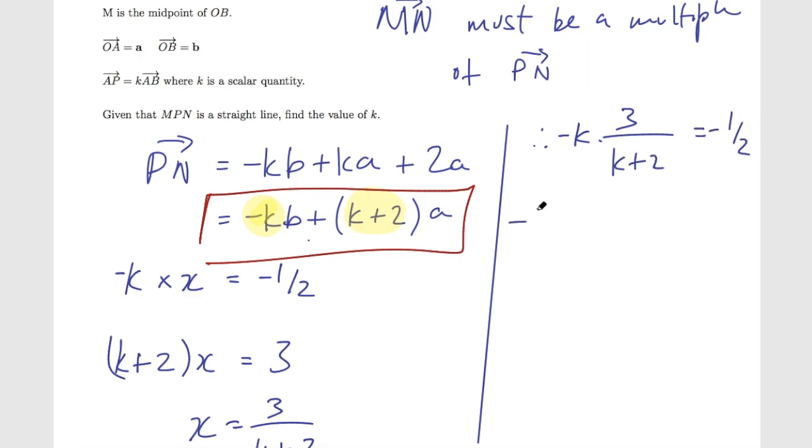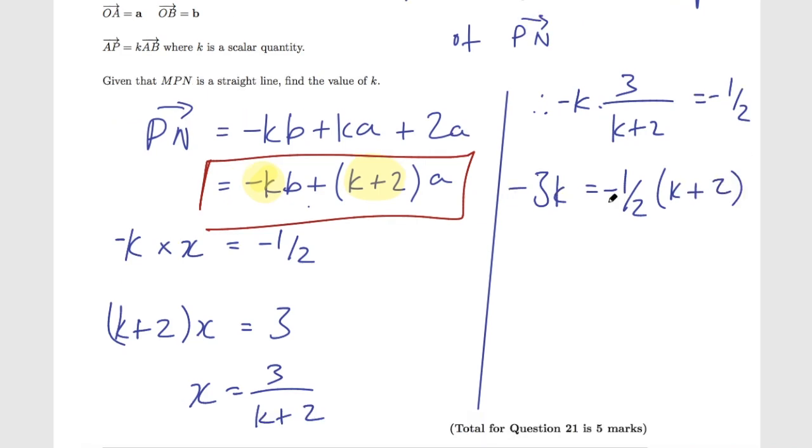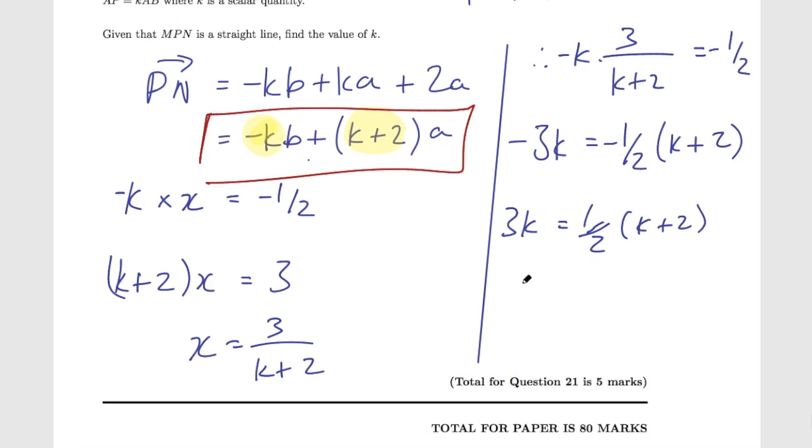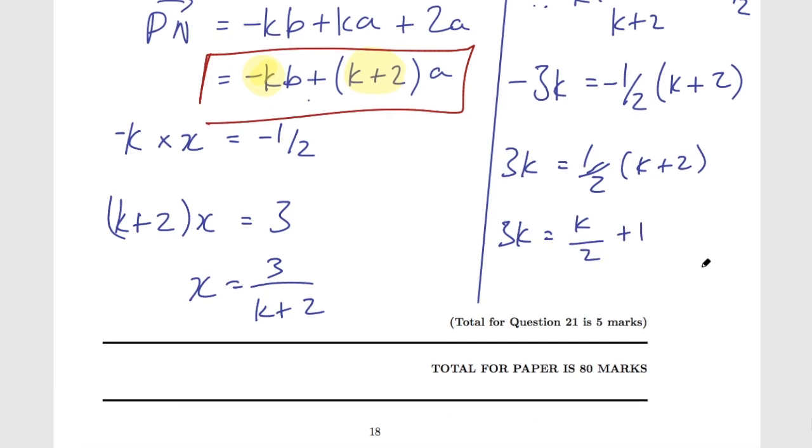So therefore, minus k multiplied by 3 over k plus 2 equals minus a half. So therefore, minus 3k equals minus a half times (k plus 2). I'm going to get rid of the negatives here by effectively dividing everything by minus 1. So this is going to be 3k equal to a half (k plus 2). So then 3k equals k on 2 plus 1.